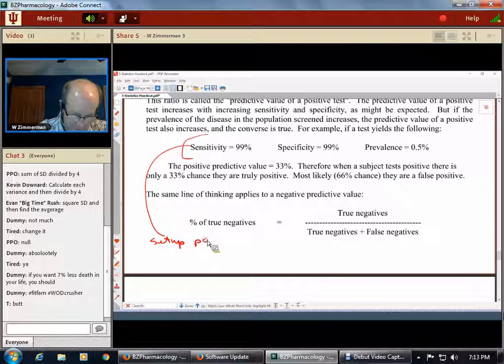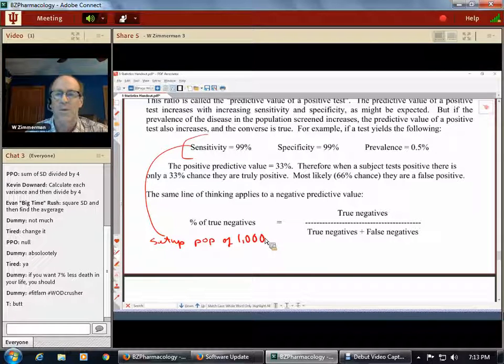Say a population of 1,000. Your sensitivity is 99%, your specificity is 99%, and your prevalence is 0.5%, so true positives are going to be right around 5.